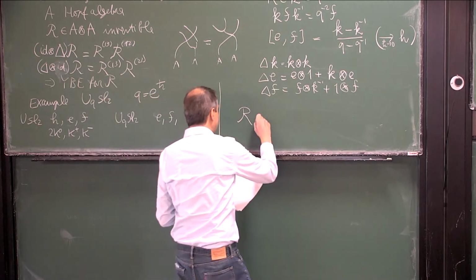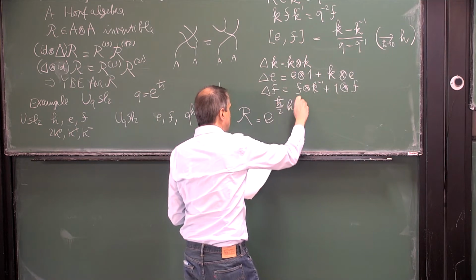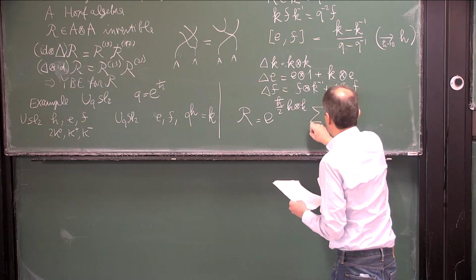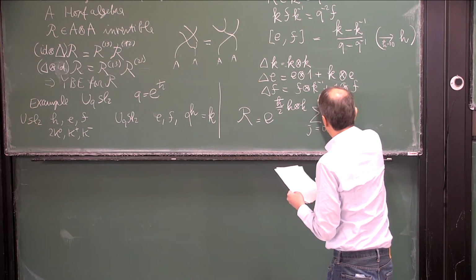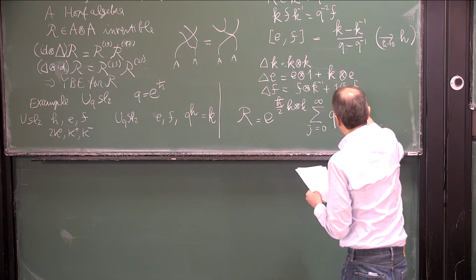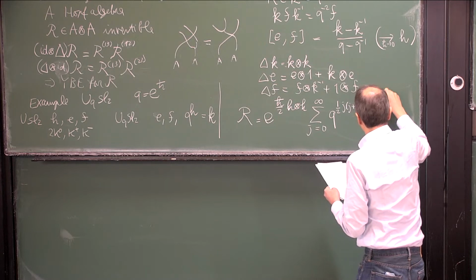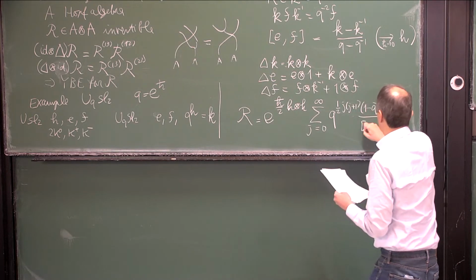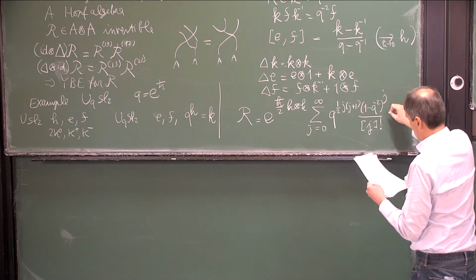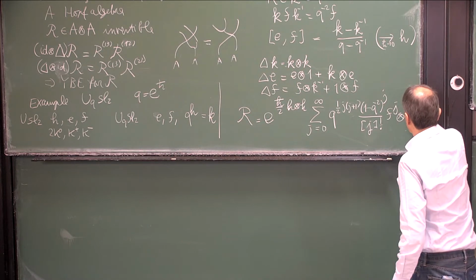So the R matrix has the following form. It's exponential of h bar over 2, h tensor h, sum j from 0 to infinity, q to the 1/2 j times j plus 1, q minus q inverse to the j, divided by q factorial of j, of f to the j tensor e to the j.